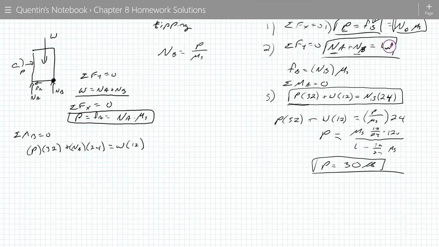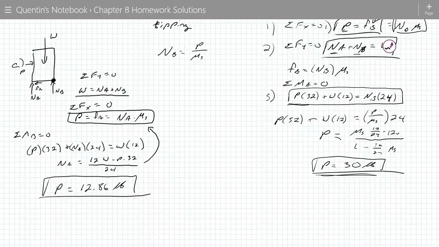If we solve this for NA just for giggles, NA is equal to 12 times the weight minus P times 32, all over 24. Then plug that into that equation just like we did over here, and you end up with P of 12.86 pounds.